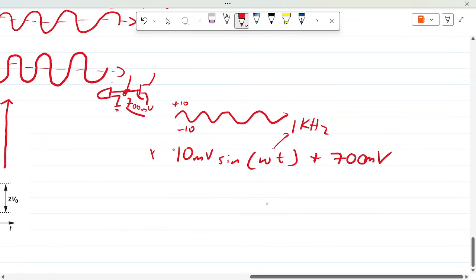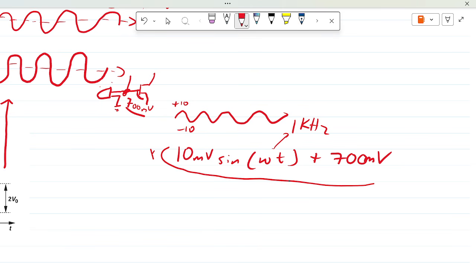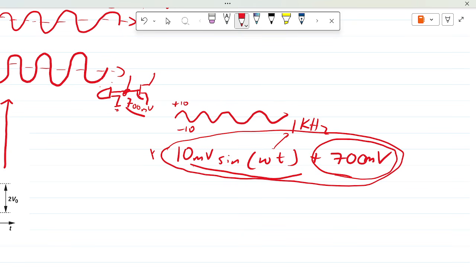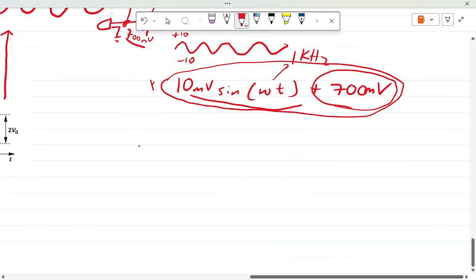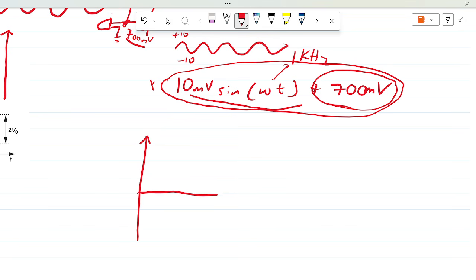Also in this case, the average of this signal would no longer be 0, because the average is now going to be 700 millivolts. If we have 0 and up here is 700 millivolts, this is how we are going to have the signal.